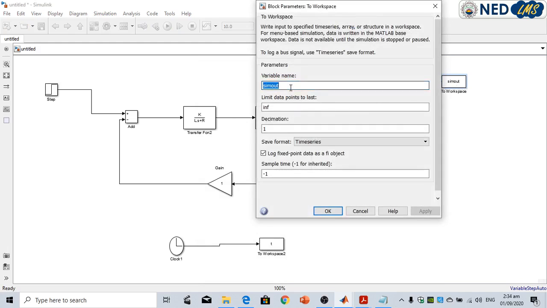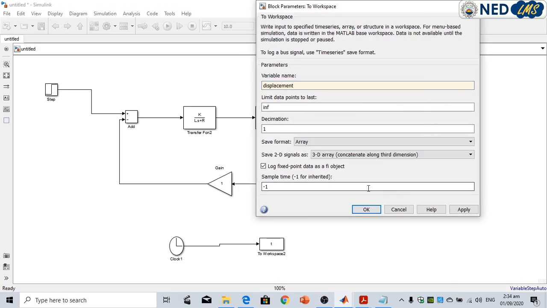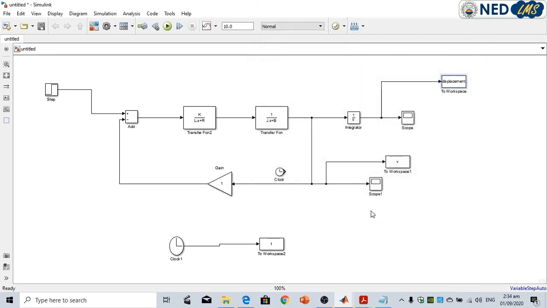This is used for storing displacement. I am writing here displacement. Next is format array, and the next is inherit from input, and simply click OK.